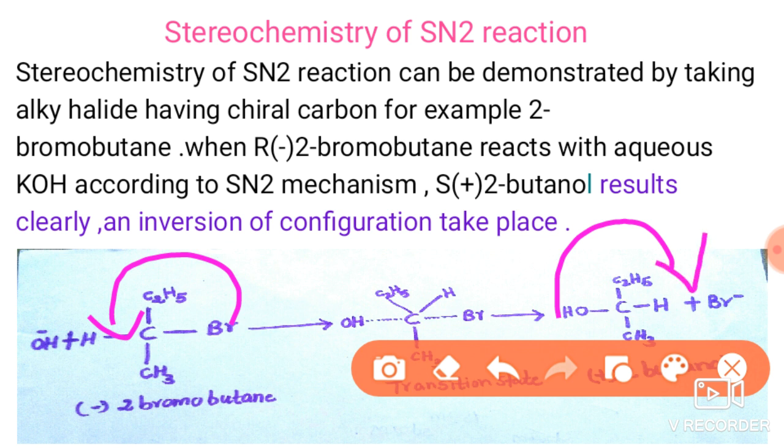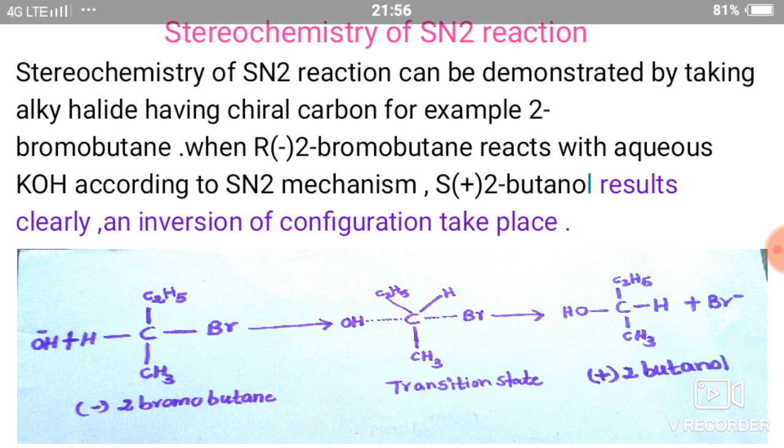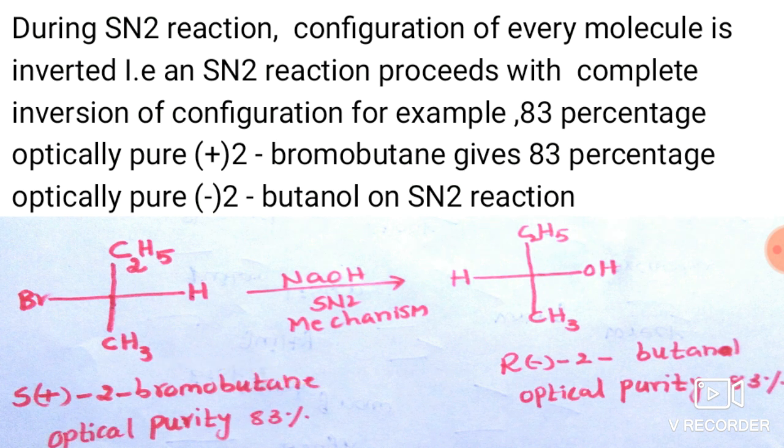The result clearly shows that inversion of configuration takes place. During SN2 reaction, the configuration of each and every molecule is inverted. That is, an SN2 reaction proceeds with complete inversion of configuration.